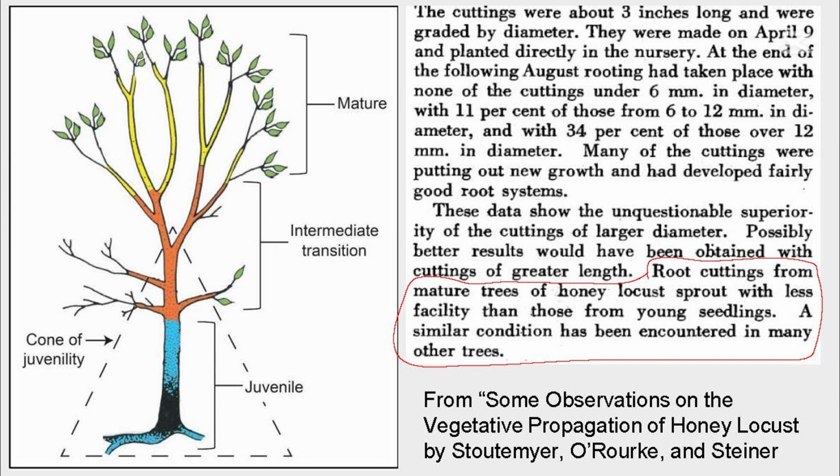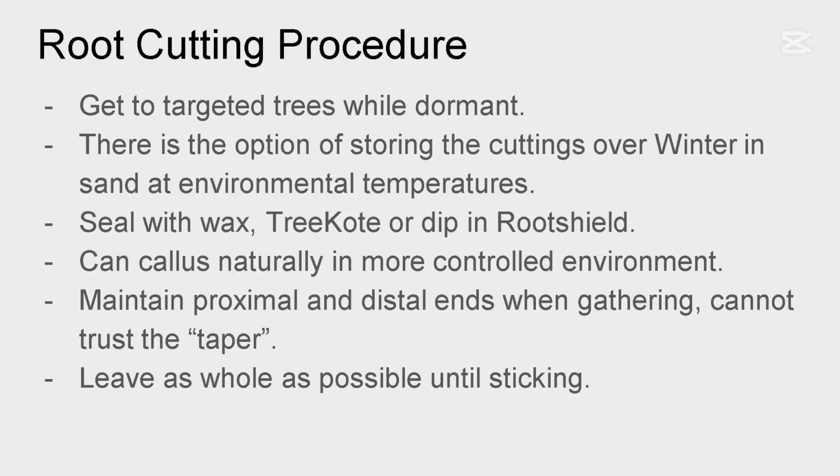So it might be a varietal thing. I'm thinking it might be that the cone of juvenility has some mirroring underground, and so that's an obstacle we're kind of facing.